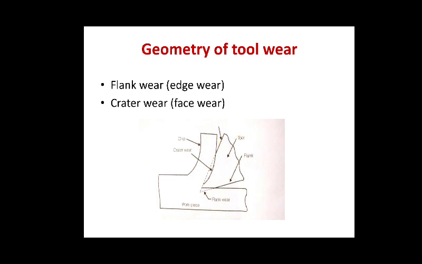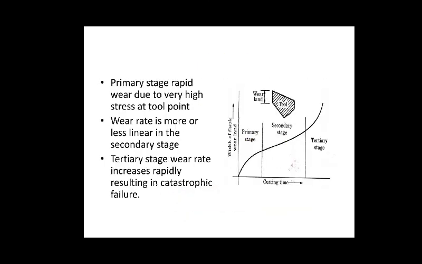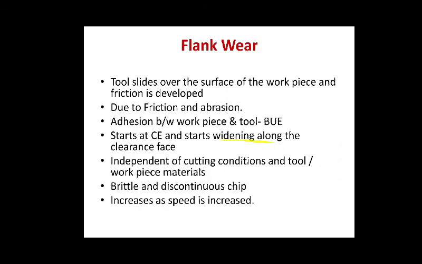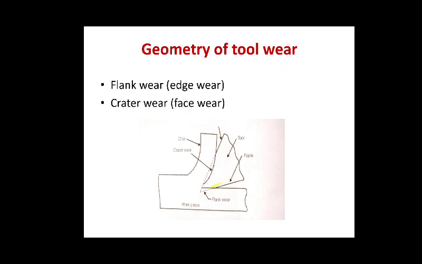In the primary stage, there is rapid wear due to very high stress at the tool point. The wear rate is more or less linear in the secondary stage. In the tertiary stage, the wear rate increases rapidly, resulting in catastrophic failure. So here flank wear occurs.